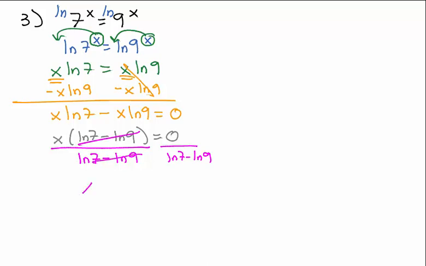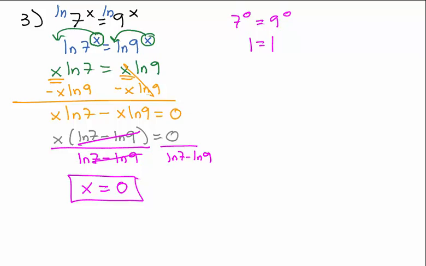And this one's really nice because it just leaves x on the left, and 0 divided by anything is 0, so x equals 0. And sure enough, we probably should have known this at the beginning. 7 to the 0 is equal to 9 to the 0, because anything to the 0 power is always 1.